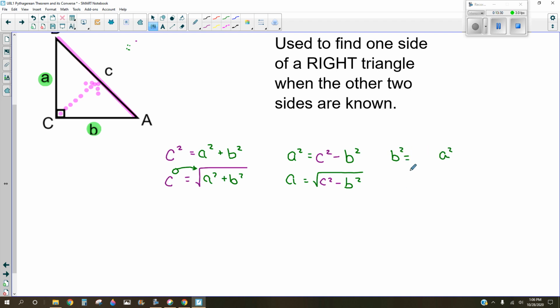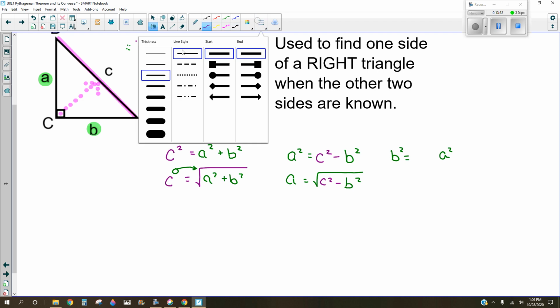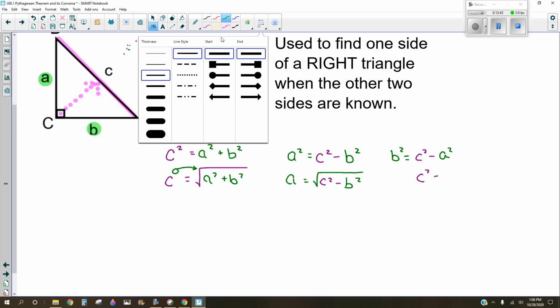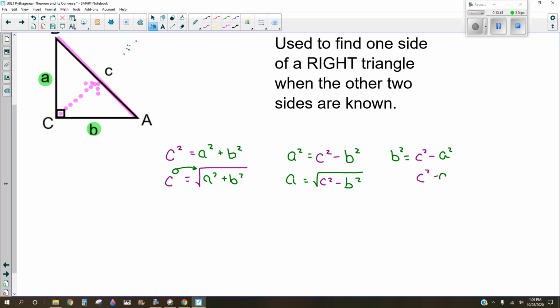Just going to kind of do this here, hang on. Okay. If you're missing side B, I want you to do this one.